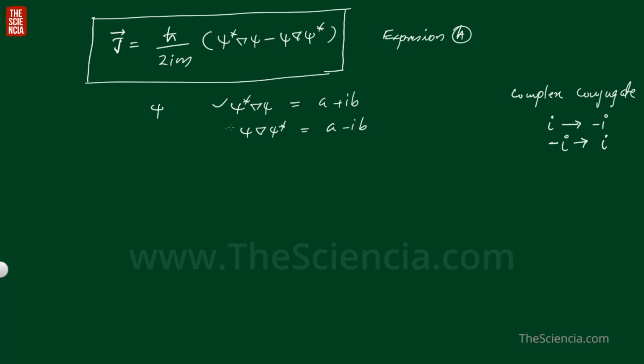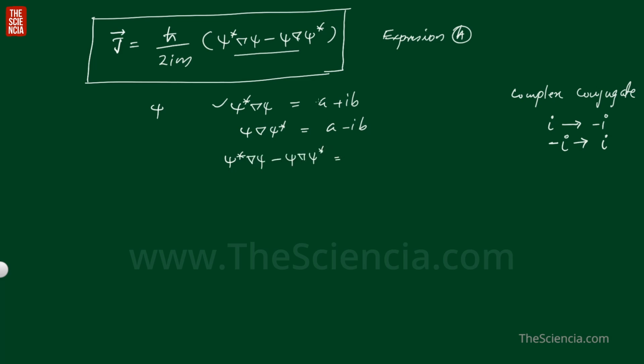Okay, so the complex conjugate of psi star del psi will be equal to a minus ib. Now we have to find what will be the value of psi star del psi minus psi del psi star.